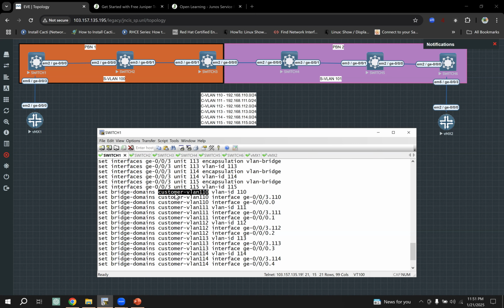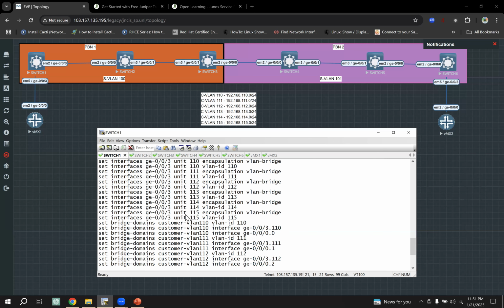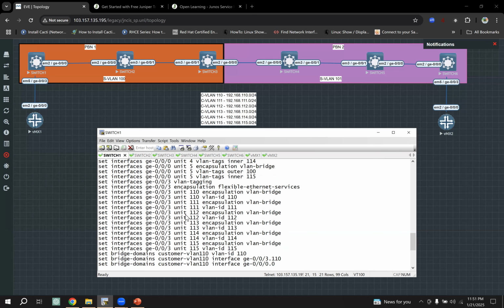You can set another name; this is basically a user defined name. The VLAN ID is 110. So this is the line to create VLAN ID 110. Similarly, create 111, 112, 113, 114, 115. So our 6 VLAN creation is done.